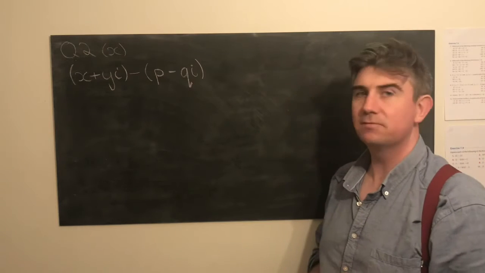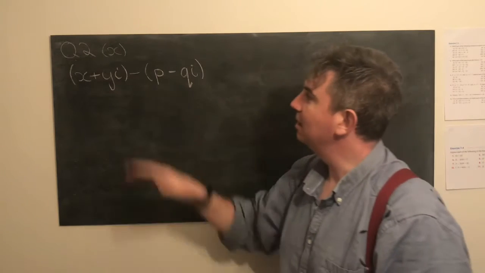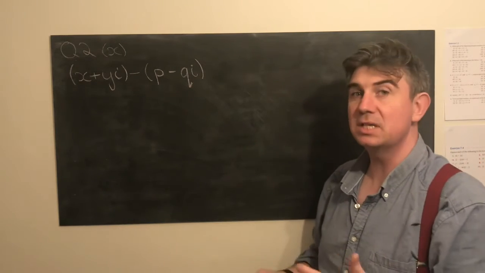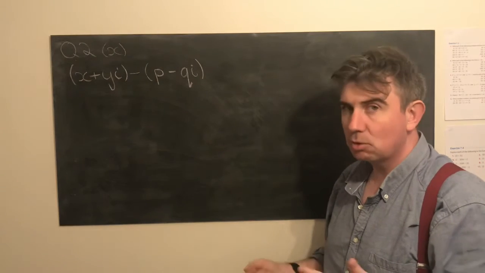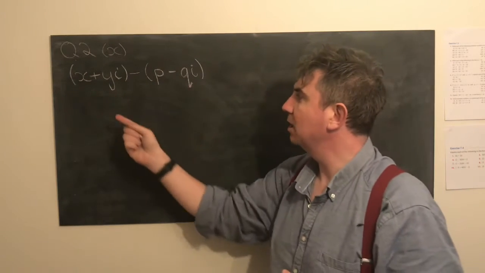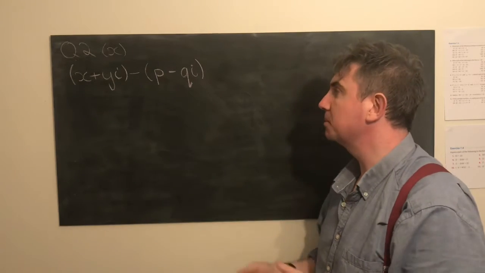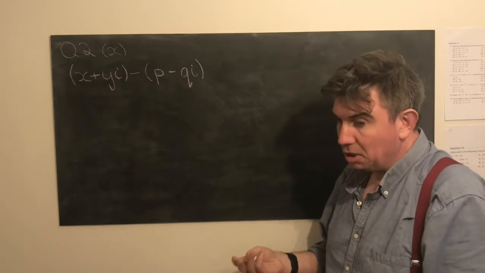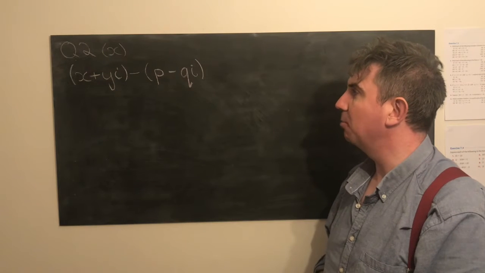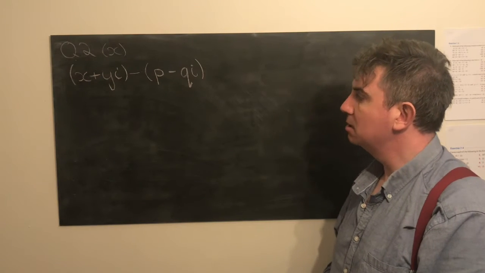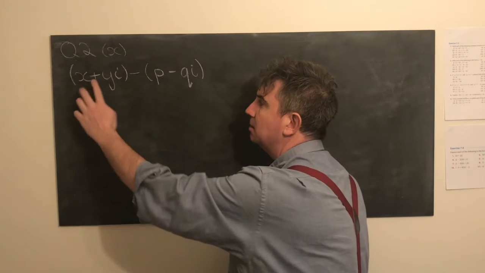So I would classify this question here as one of those questions that's just awkward for the sake of being awkward. You have the required skills in order to do this question, but it's probably just a little bit more awkward because there's letters instead of numbers. But we know our algebra, so we should be able to deal with these quite happily. So let's take a look at what we have. We have this x plus yi.